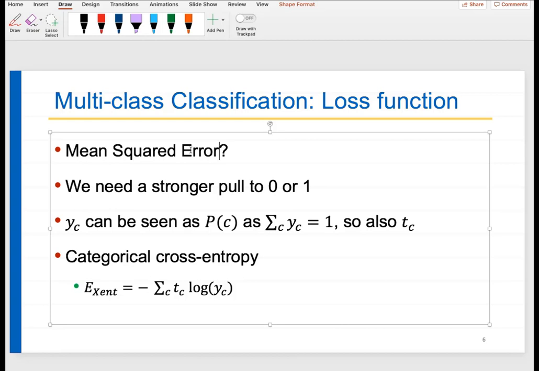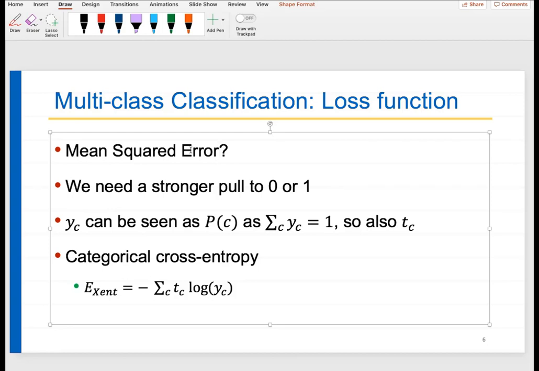We don't use it because I think we discussed this point. The derivatives are very small. Maybe we'll discuss that point again. The mean squared error leads to poor learning. It's a quadratic function and the derivatives are not sufficient to pull your weights to the right value, right? So you need a stronger pull to 0 or 1.